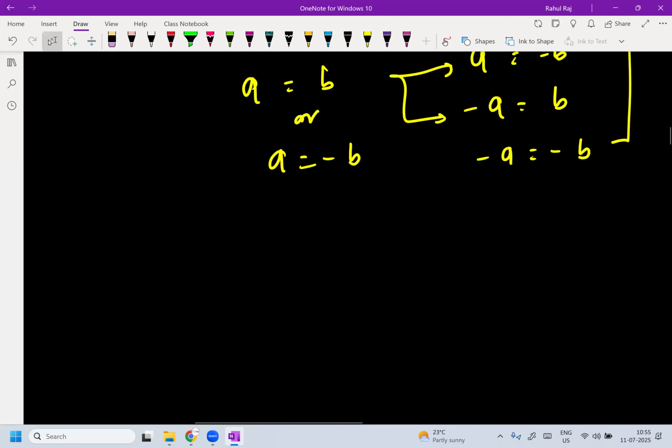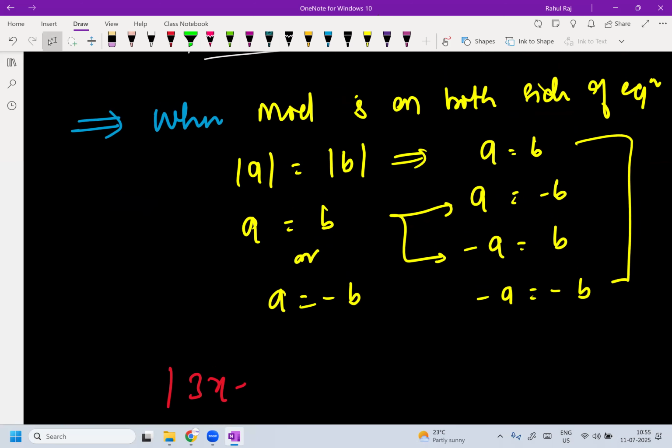Yes. So if you have any questions over here, Shweta... I had one question. Like you said, mod of A is equal to mod of B, right? So there are two cases where A can be either positive or negative. Doesn't matter at all, Shweta. Either you say A equal to minus B or you say negative A equal to B. It's one and the same thing.